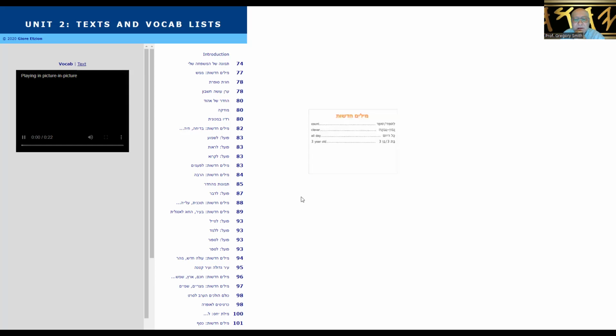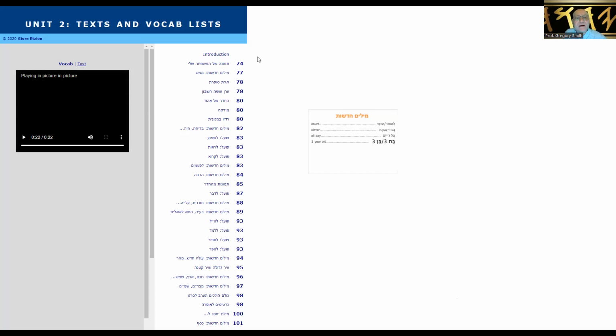I want to hear that one again. Milim hadashot. Lispor, sofer, soferet, soferim, soferot, navon, navona, navonim, navonot, kol hayom, bat shalosh, ben shalosh. So that word shalosh, it means 3.